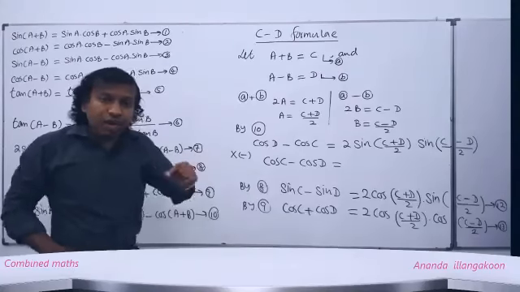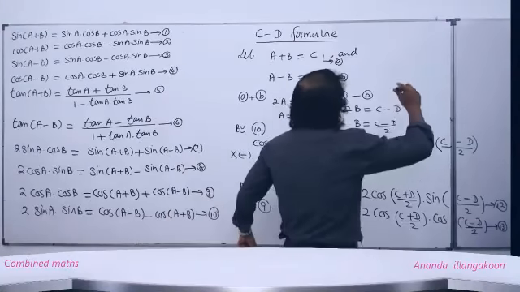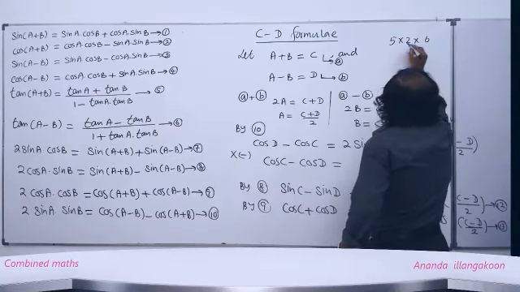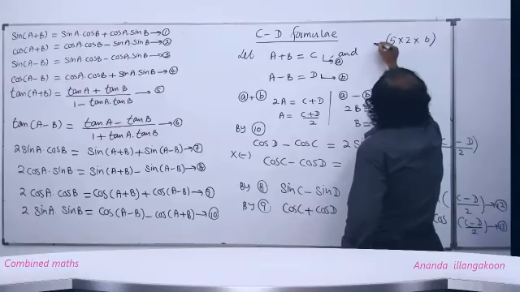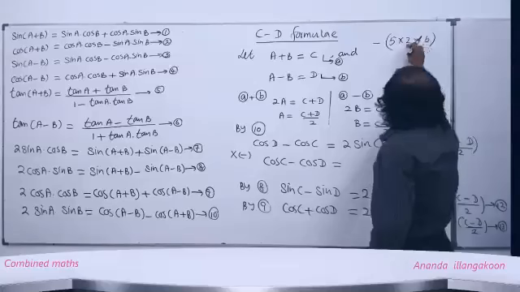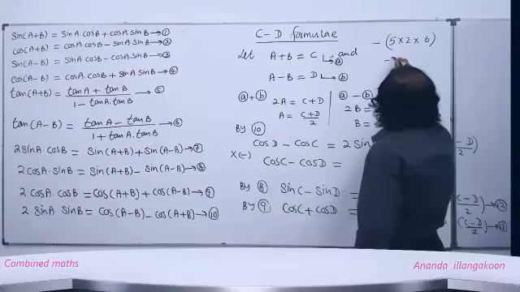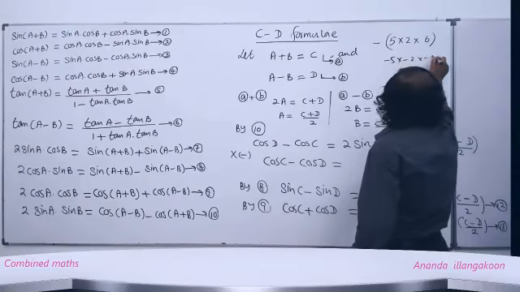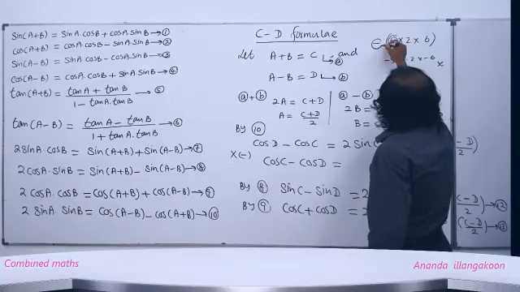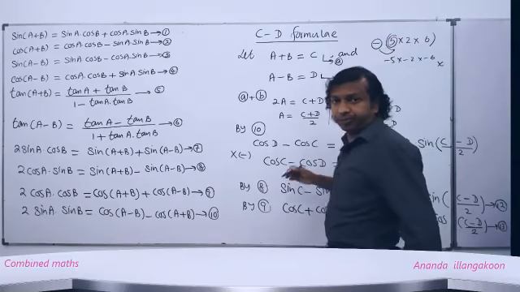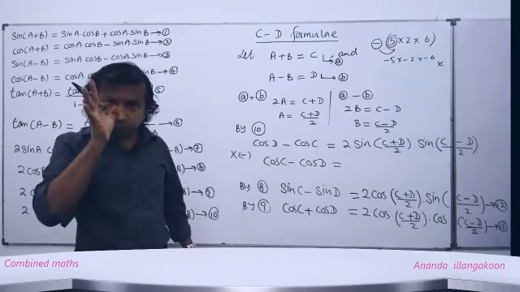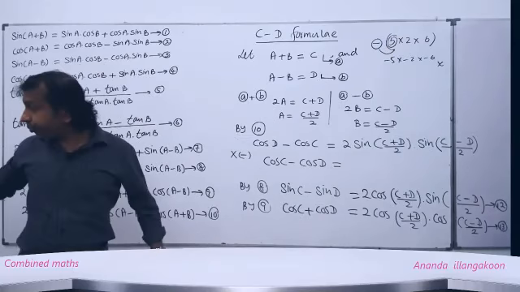Suppose 5 multiplied by 2 multiplied by 6 we have. Do we multiply all these 5 and 2 and 6 by this minus sign? No, this is wrong. Only one term of these 3 is enough to multiply by this minus sign. Understood? Right? Yeah.